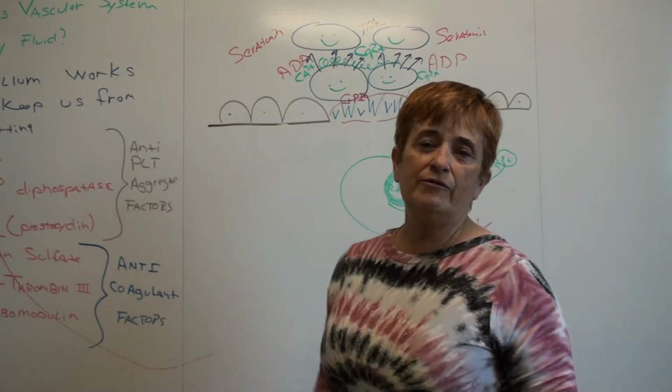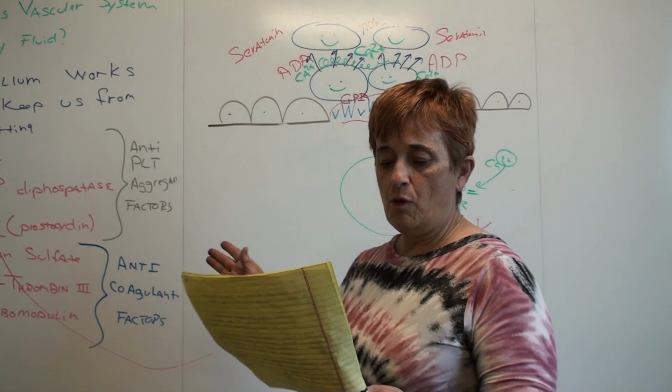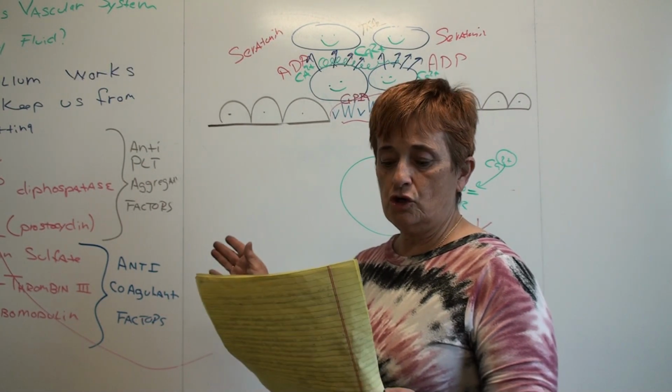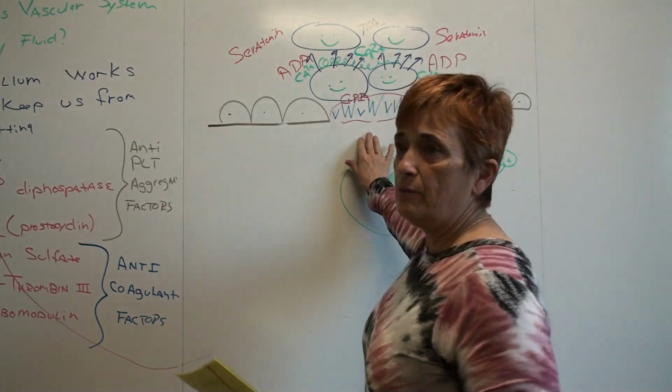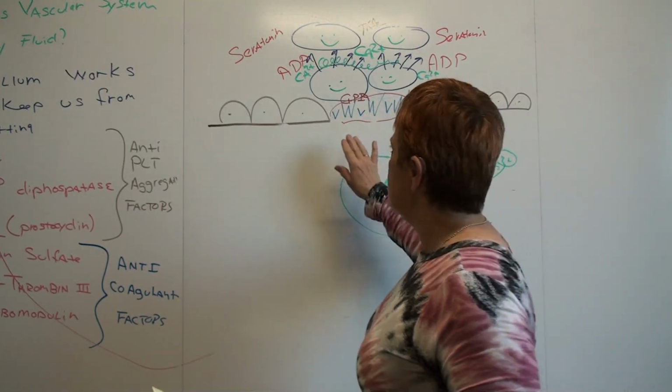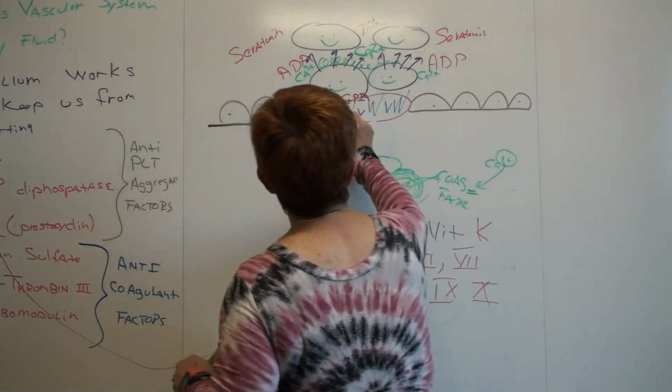So to recap everything that I've gone over already, number one, we've got an injured endothelial cell exposing my endothelium here, which exposes my von Willebrand's factor, and then I forgot my collagen.